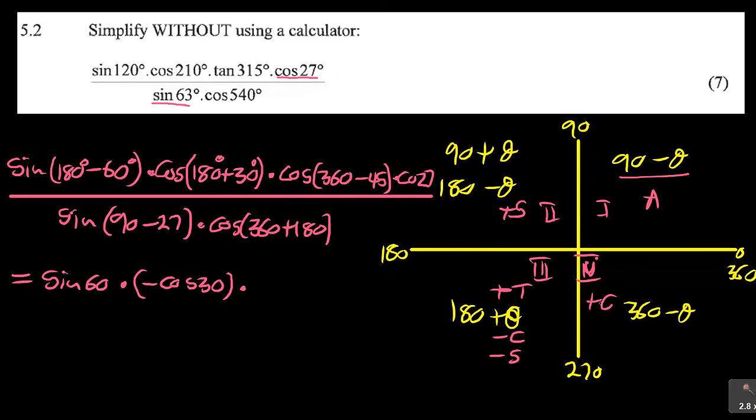Cos is positive in the fourth quadrant, so it's simply cos 45 times cos 27. Are you seeing that? All over.